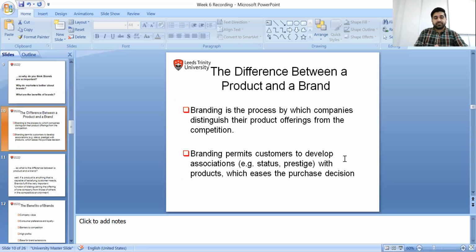Branding is the process by which companies distinguish their product offering from the competition. A brand permits customers to develop association, status, and prestige with a product, which influences the purchase decision. So basically, a brand differentiates the product from others within the industry.